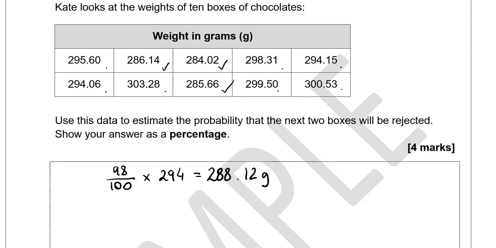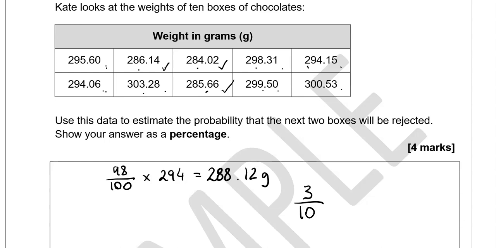So that is 1, 2, 3 of them out of the 10. So this is the probability of one box being rejected.